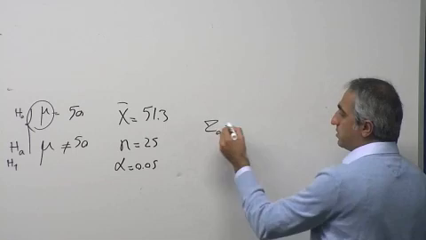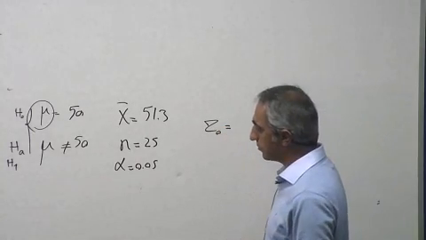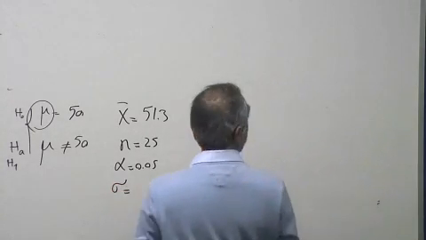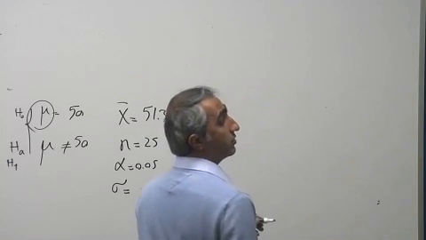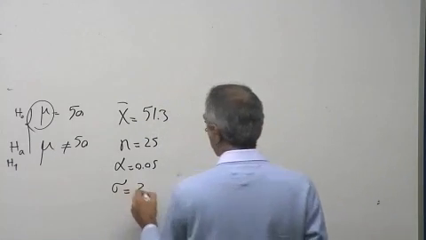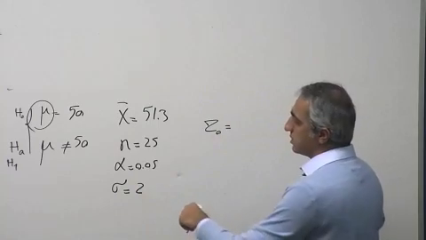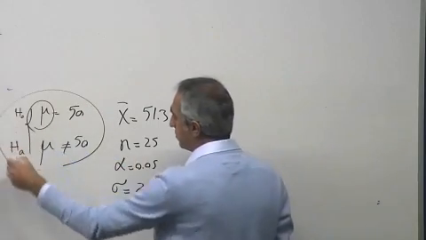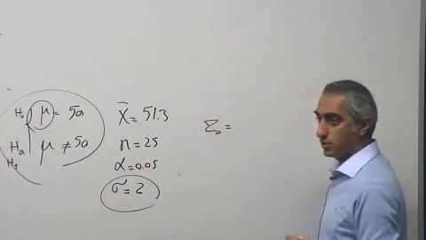So we calculate z0, and sigma is also given. Standard deviation is 2. Why z0? Because I'm testing mu with known standard deviation.